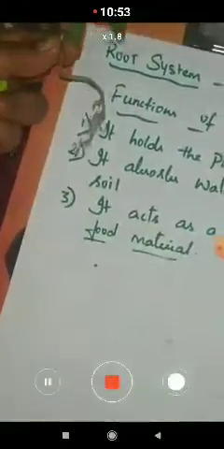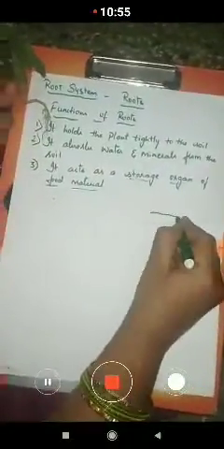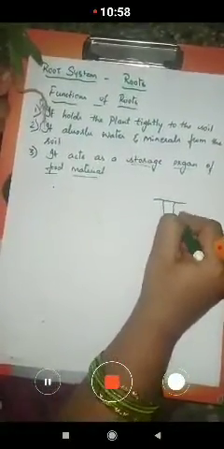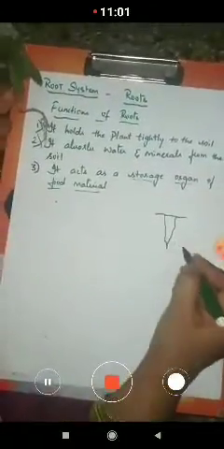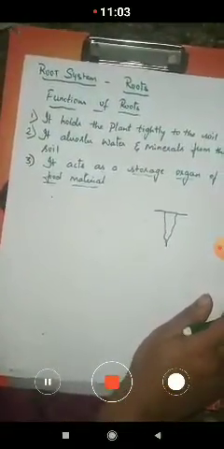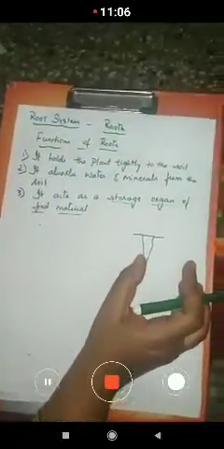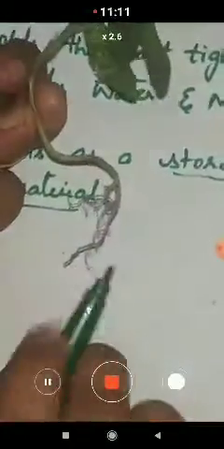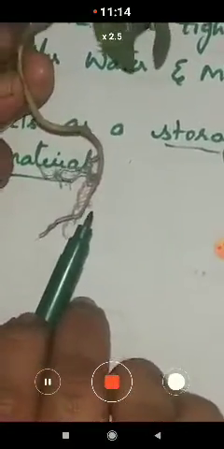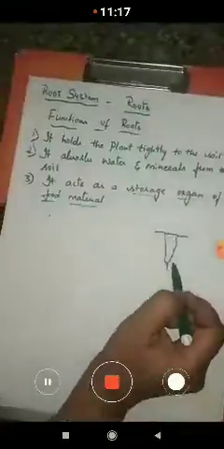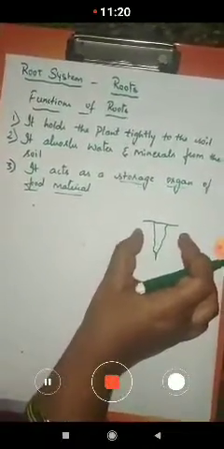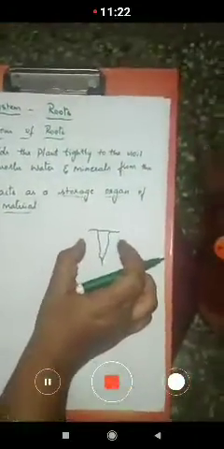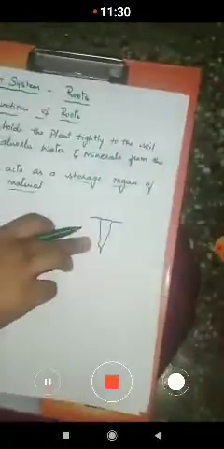Now what happens in some plants, the root bulges. As it bulges, we can observe that it changes its color.